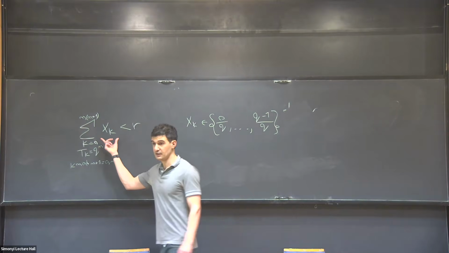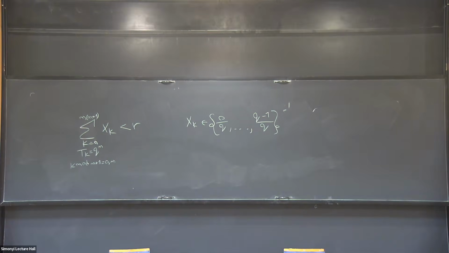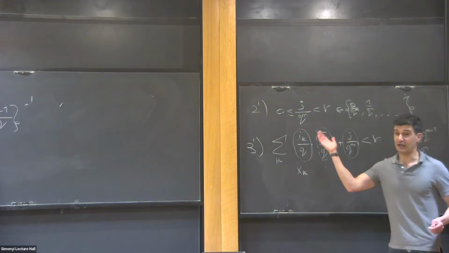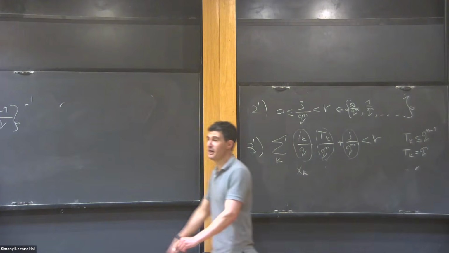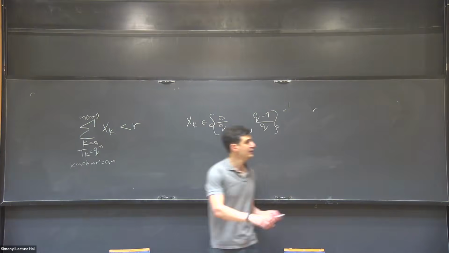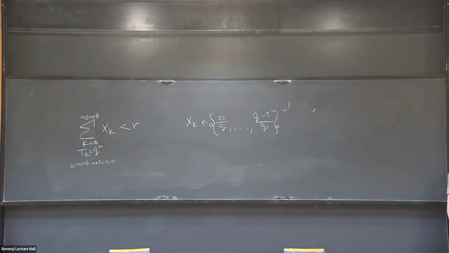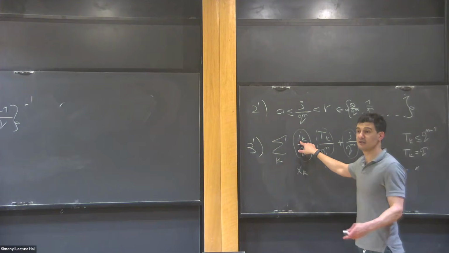So most IKs can be arbitrary because they do not appear in this summation. They disappear when Q goes to infinity because this goes to 0. So the corresponding coefficient, the IK, can be arbitrary.